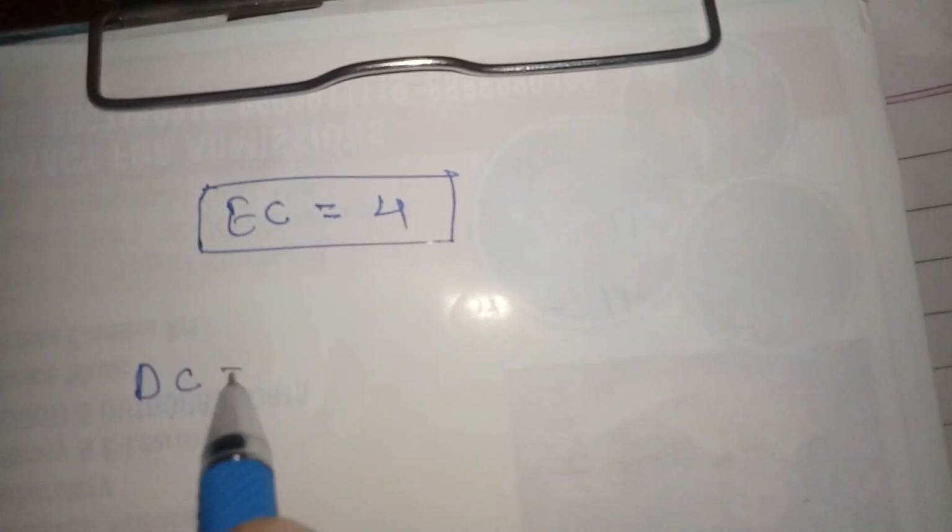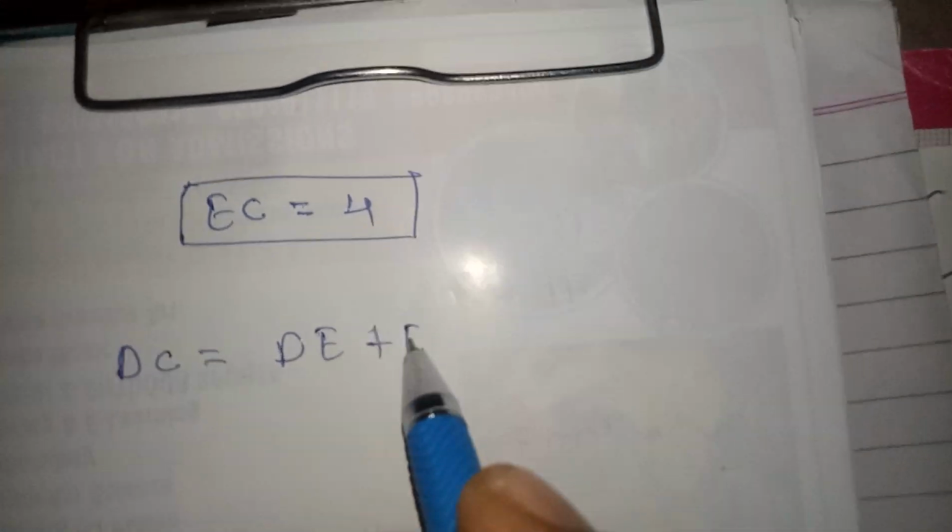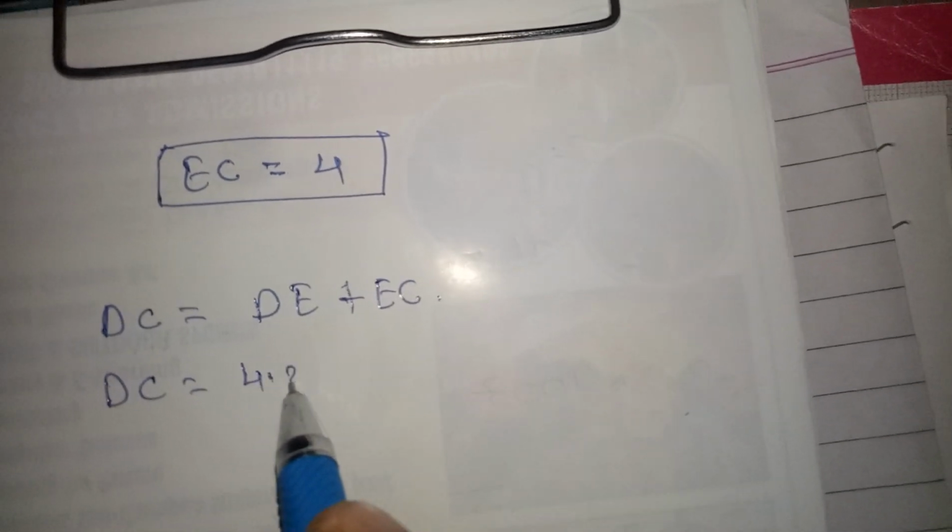So DC is equal to DE plus EC, and we got the value of DE as 4.2, and plus EC we got 4. Then DC is equal to 4.2 plus 4, 8.2.